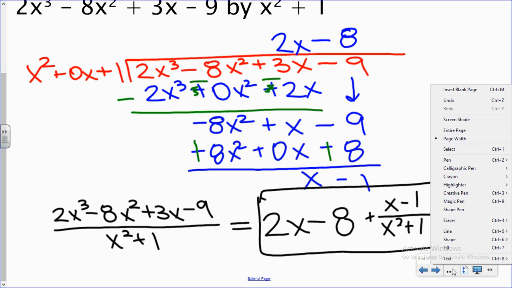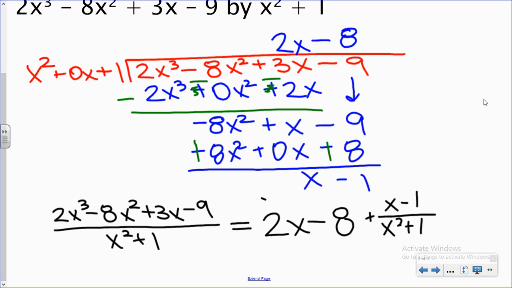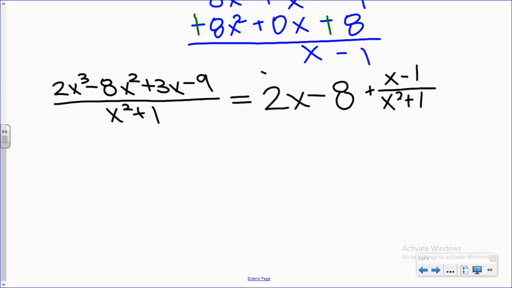Now, you're going to be prompted later on in your homework to rewrite f of x, or the dividend, according to the division algorithm. So, if that was your prompt for this example, then, like we did previously, we would take everything and multiply it by that divisor.